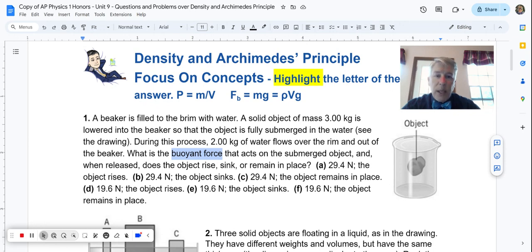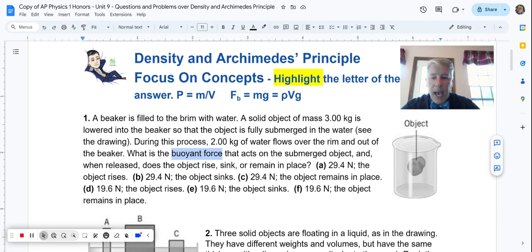Okay. Buoyant force is going to be the weight of your displaced fluid. So it would be the 2 kilograms of water that flows out multiplied by gravity. 2 times 9.8 is 19.6.